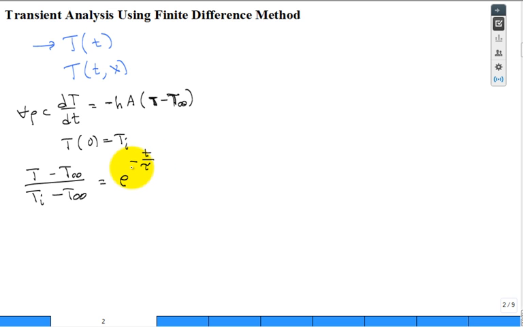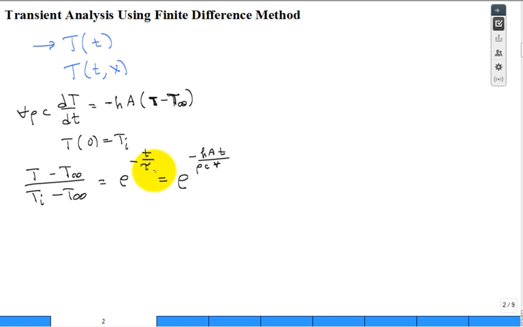What was tau? Our time constant, and I think it helps us understand and explain things if you use the time constant. Or you could just have e to the minus hA t divided by rho C V. And the time constant is rho C V divided by hA. You could see how that's linked to define the time constant.